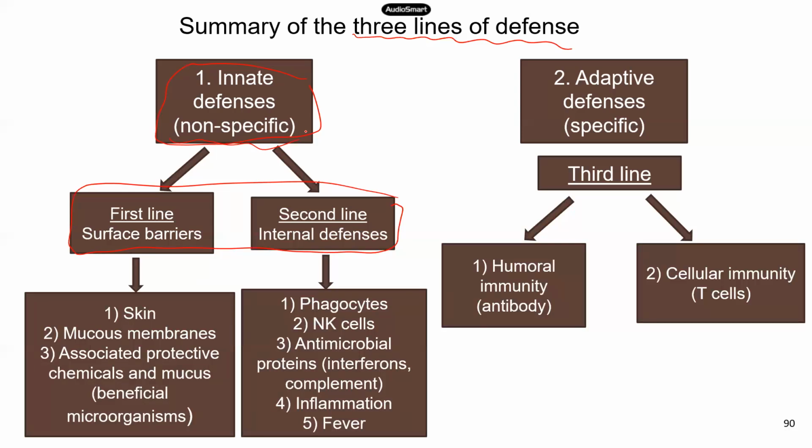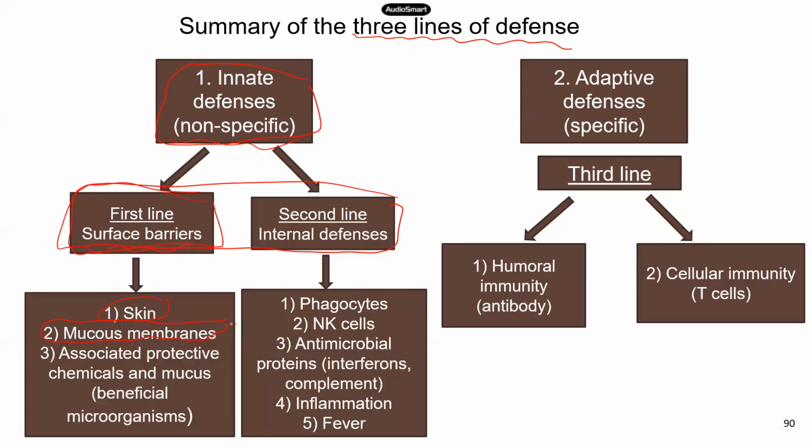of the immune system. For the first line, it's mostly surface barriers, right? Something that can physically block the entries of foreign invaders. So this includes the skin, right, which is on the outside of our body, and the mucous membranes. So these are usually found inside, right? When you look at all the tracts in our body, the inner lining is the mucous membrane, right?